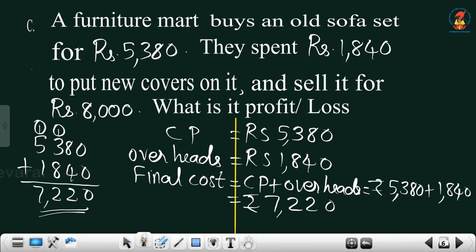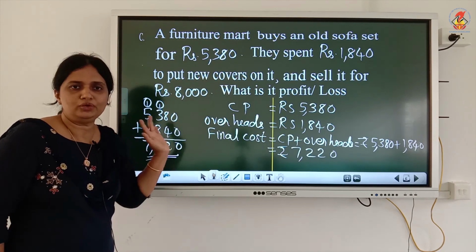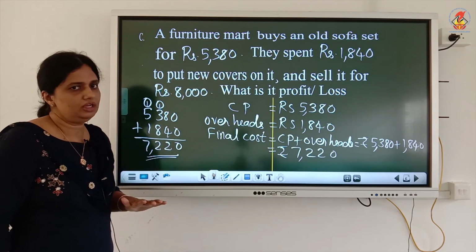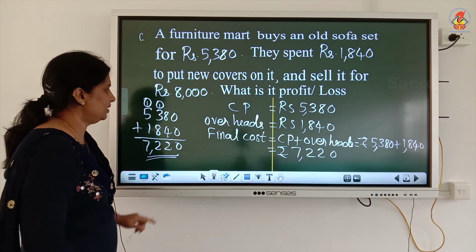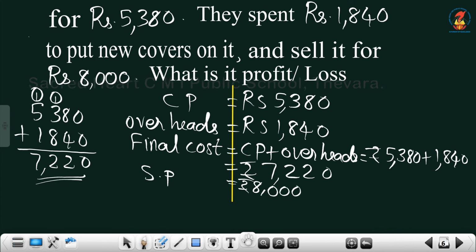They don't want to find how much is profit or how much is loss. We want to know profit or loss. And here selling price is what? SP is how much? Rupees 8000. Okay. SP is rupees 8000. I will write it here.